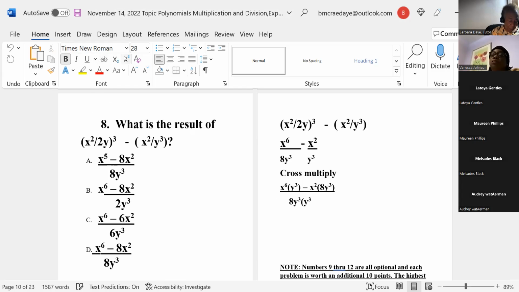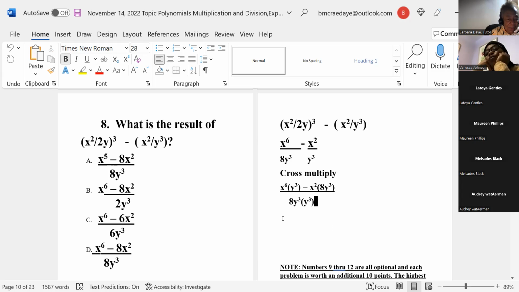Okay, now I put my parentheses there. Now, what do you see in common with numerator and denominator? Y's. Y to the 3rd, right? You see y to the 3rd here, here, and here. So you can factor out y to the 3rd.